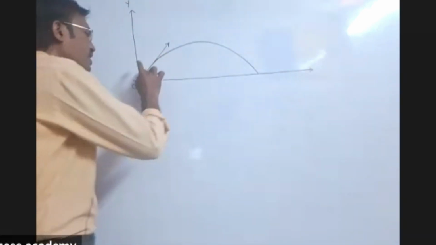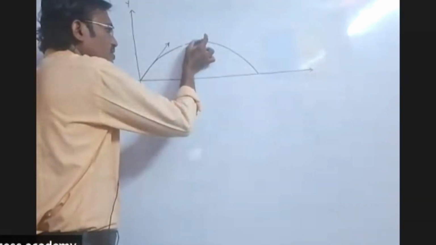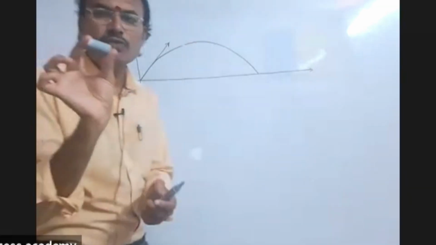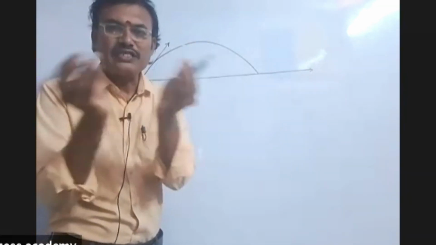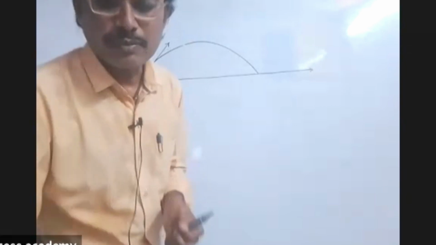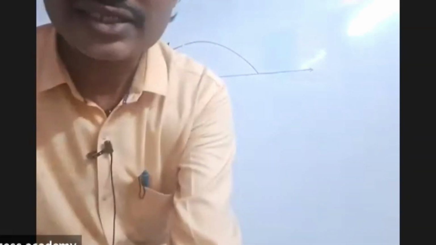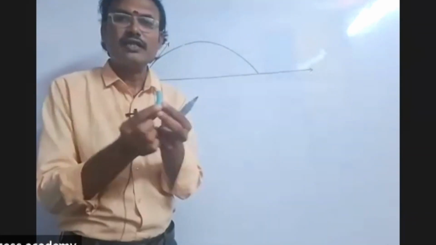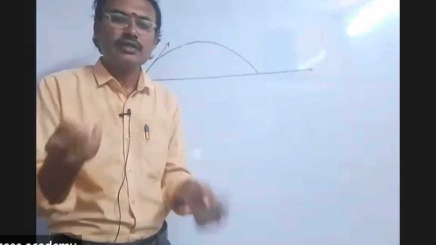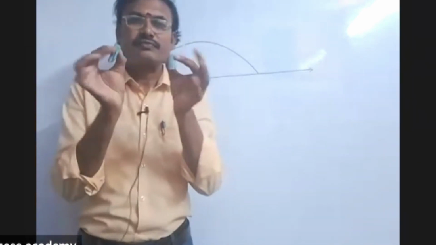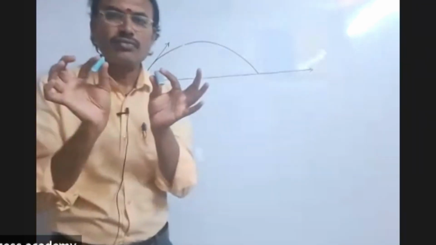If the bomb is projected like this, after reaching the maximum height, this bomb divided into 2 pieces. For example, and those 2 pieces are like this. This is one piece and this is another piece. So this bomb divided into 2 pieces.